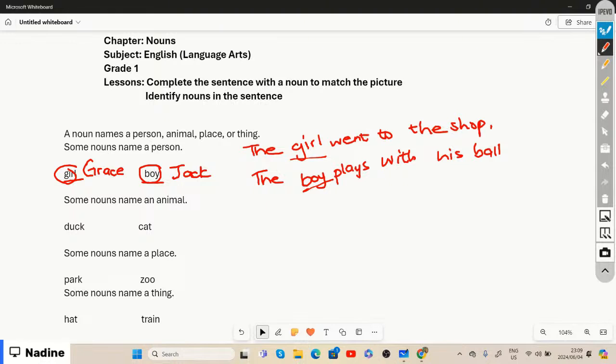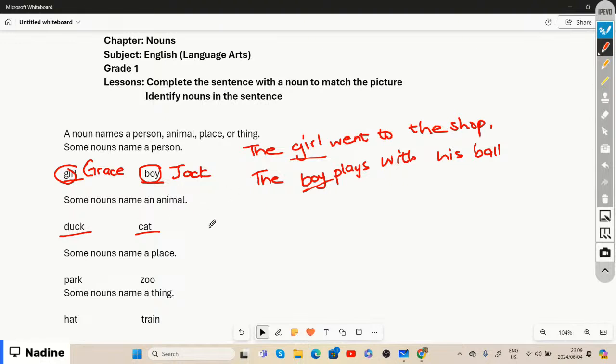Then we also have animals. Nouns also name animals. And like I said, it doesn't necessarily have to be the name of the animal, but if we make mention of the type of animal, like a dog, a cat, a duck, those are all animals, right? So nouns identify and name different animals.